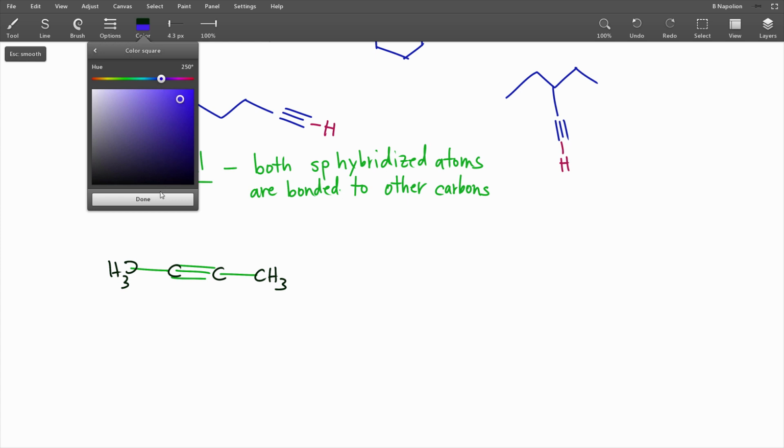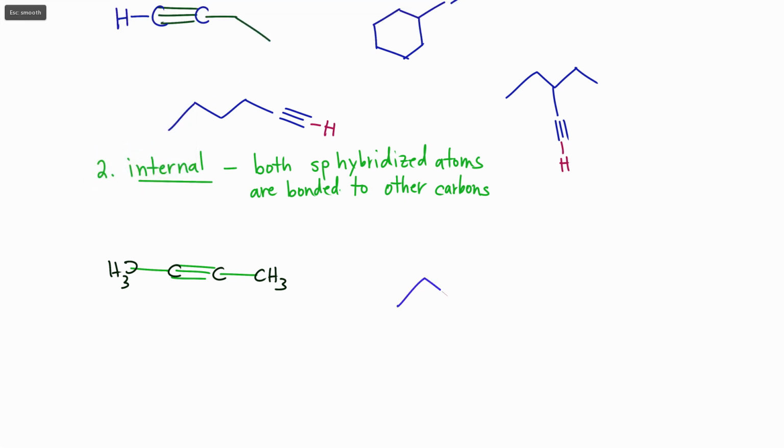All right. This is an internal alkyne. Okay. You see the difference in this one, which is a terminal, is bonded to an H. But on both sides of these sp carbons, we have another carbon that it's bonded to that makes it internal.